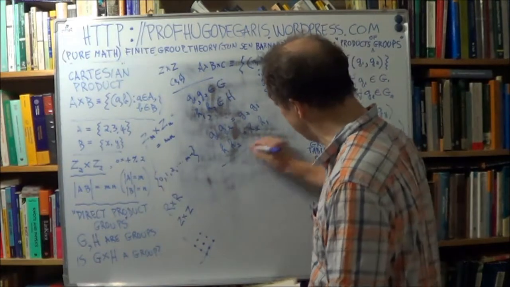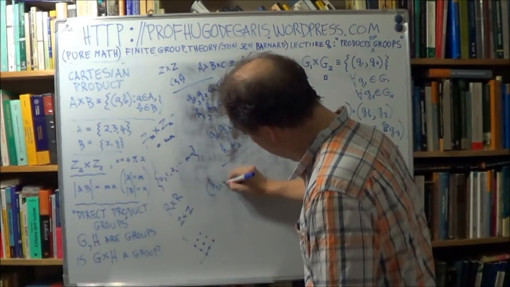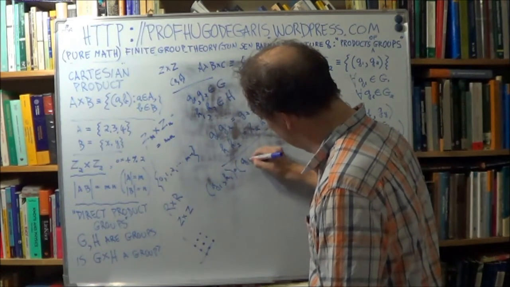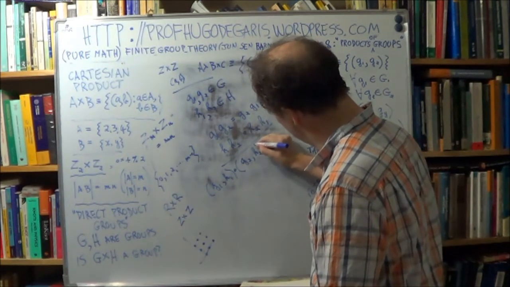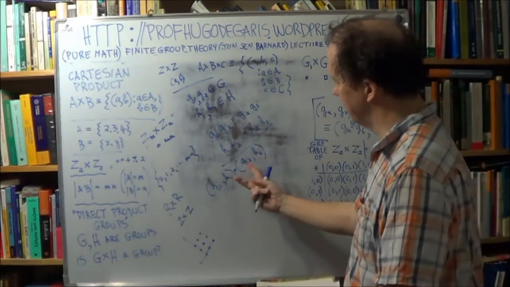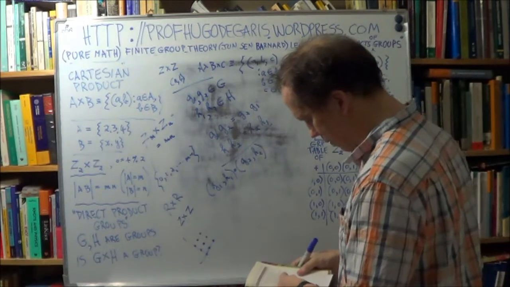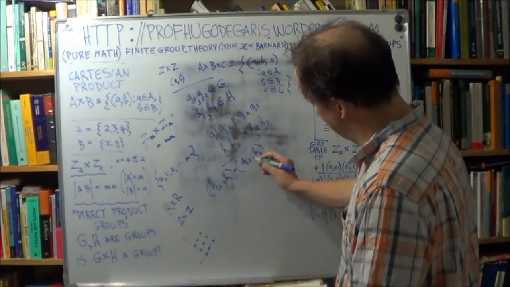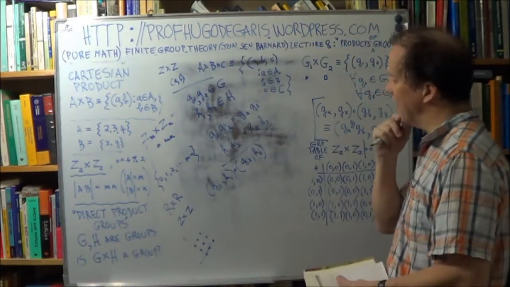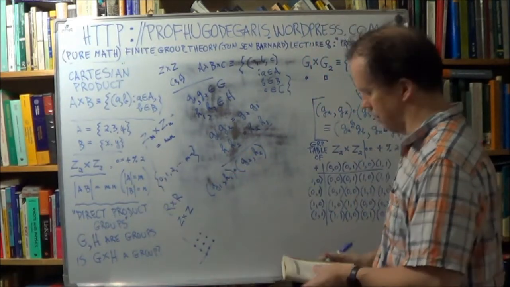So what we're going to try and do is, (g1, h1) times (g2, h2), we've got to try and prove that that is equal to the reverse. Okay? If we can do that, we've shown that this direct product group is abelian. So we've got to show that that can be commuted.